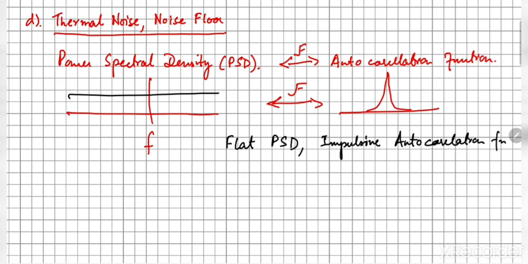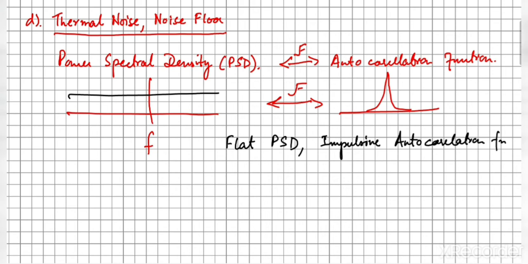This impulsive autocorrelation function can also be interpreted as saying that there exists no correlation whatsoever between consecutive values of the noise at various instants of time.